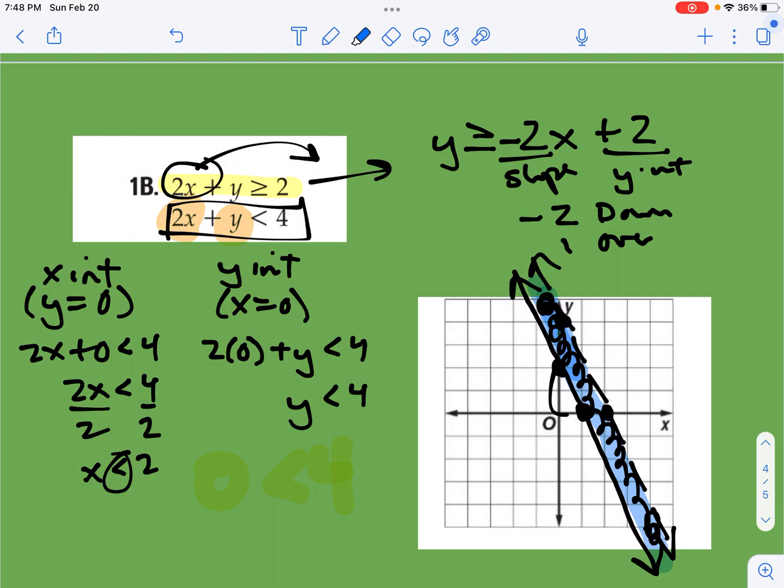So when we interpret this, we would say that my solution set is this little strip between the parallel lines. If you think about it, any system of inequalities that has a solution has an infinite number of possibilities.